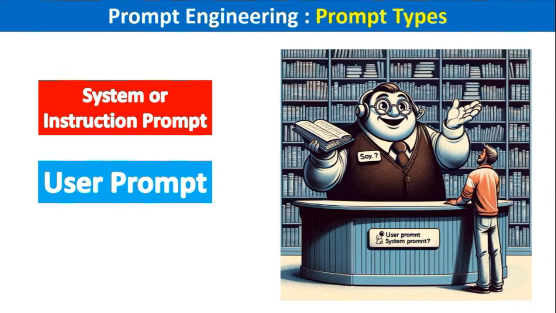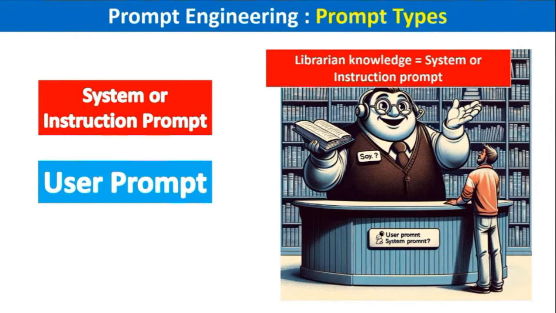This library manual might contain details like the behavior, like how the librarian is supposed to greet the readers in the library. This manual could also contain the knowledge sources like the details of the books this library has and how to locate a book in this library. This library manual could also contain the inventory details like how many copies are available for each book, etc. This manual or guidelines of this librarian symbolizes the system or instruction prompt in context of LLM.